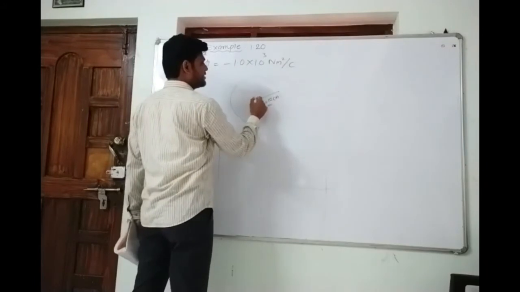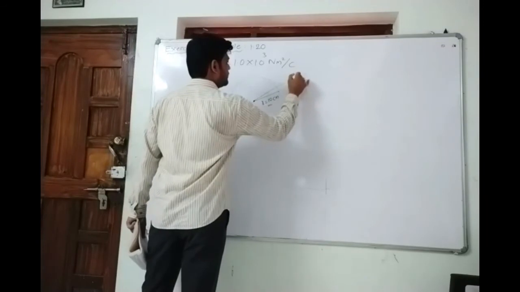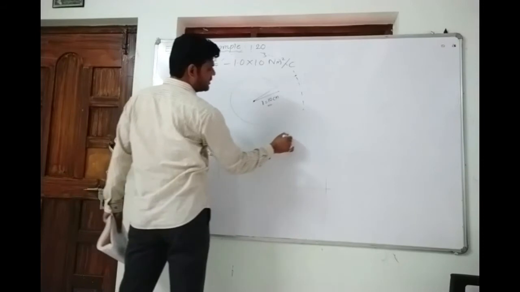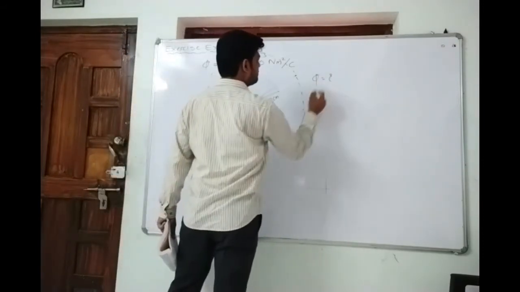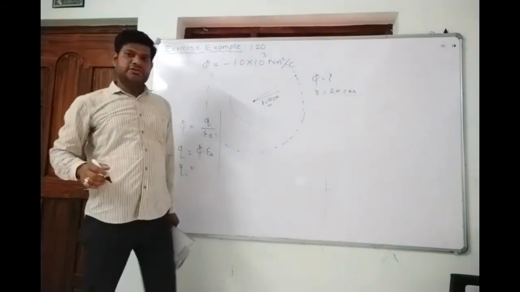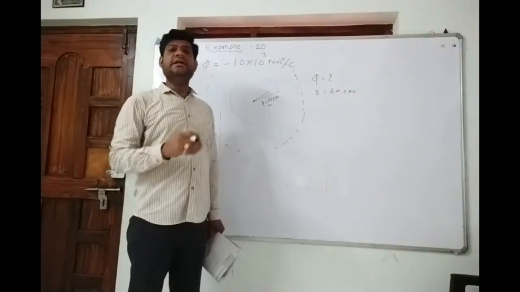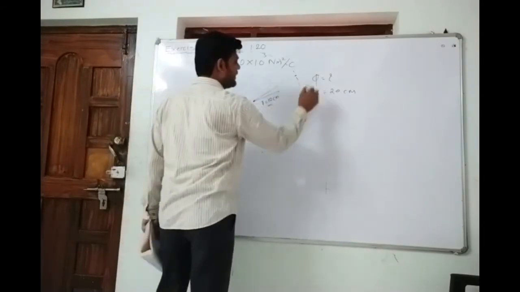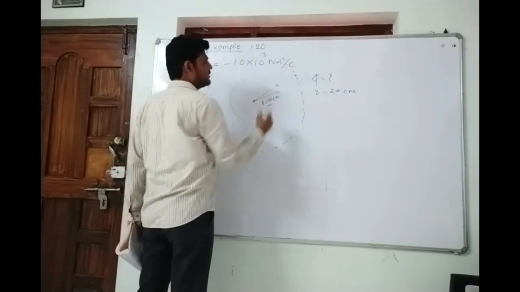The radius is doubled, it means the radius becomes 20 centimeter. So what is the flux coming out through the spherical surface when r equals 20 centimeter? Dear students, when we studied the characteristics of Gauss law, we studied that the flux does not depend on the dimension of the body. The electric field lines are coming perpendicularly to the surface.